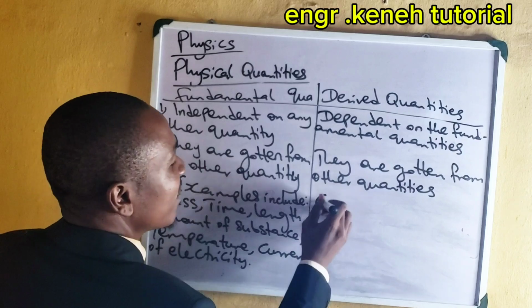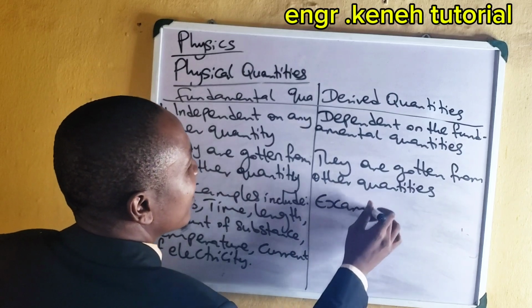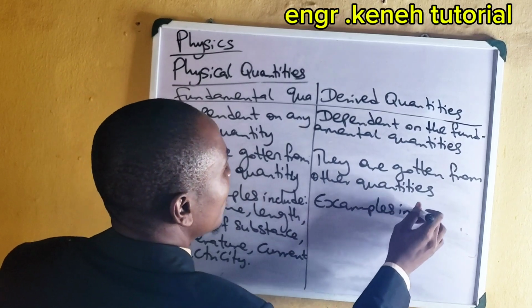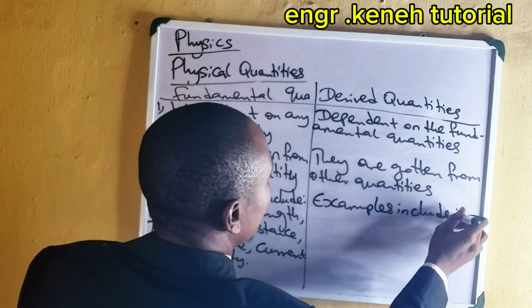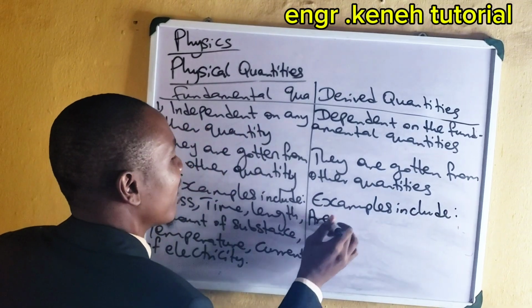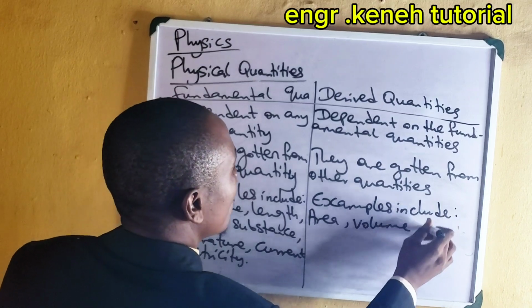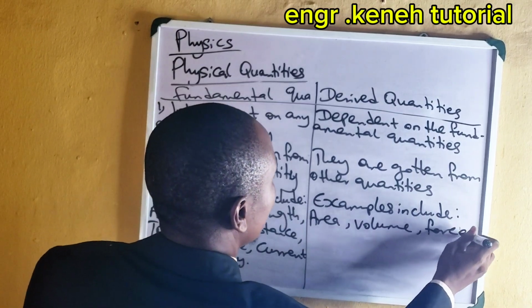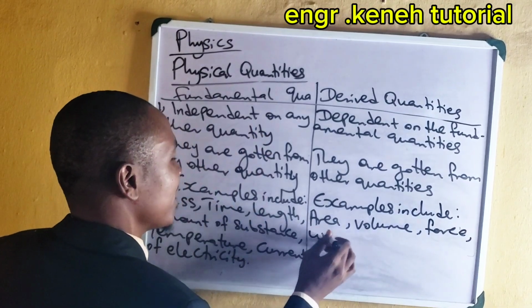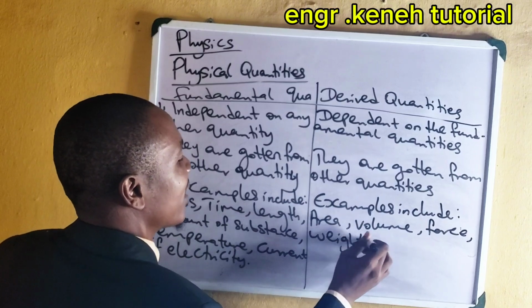Here we have examples for derived quantities. Examples include area, volume, force, weight, although weight is a kind of force anyway, but I still want to write it.